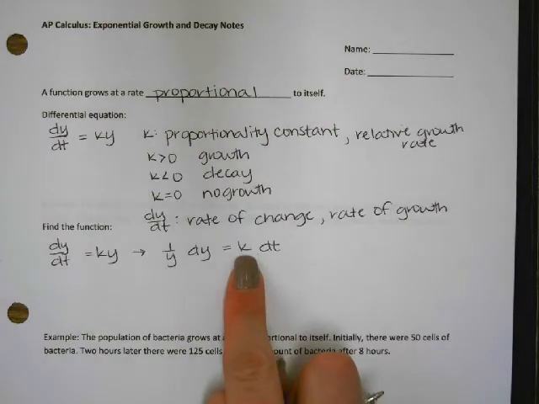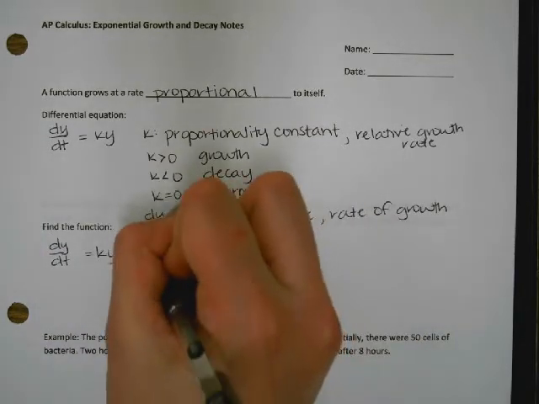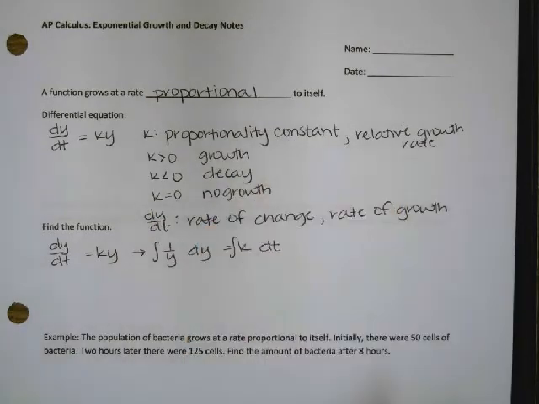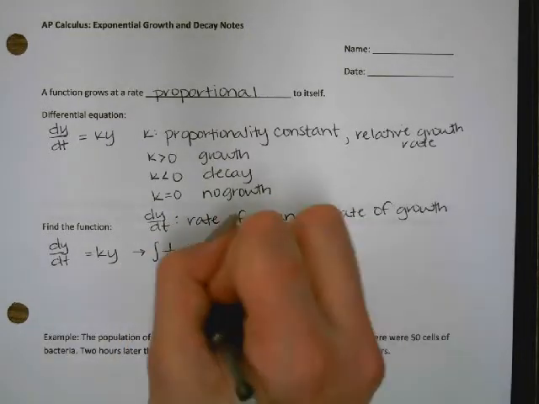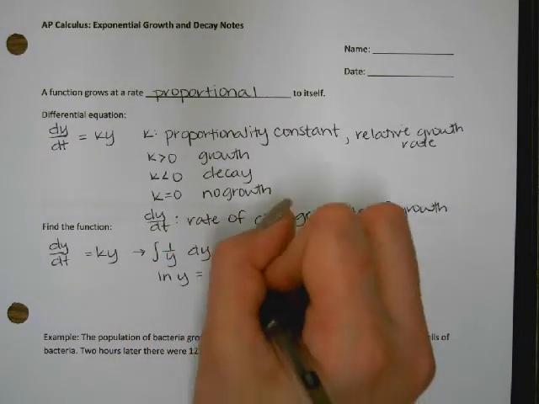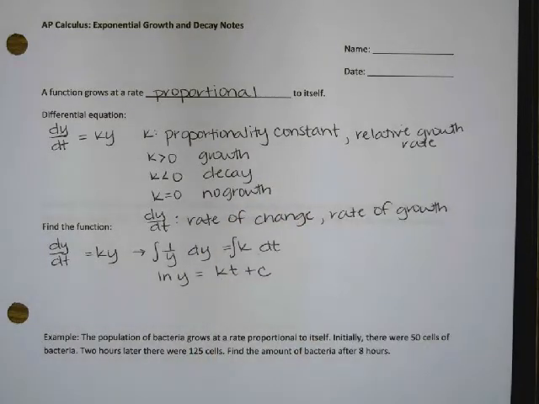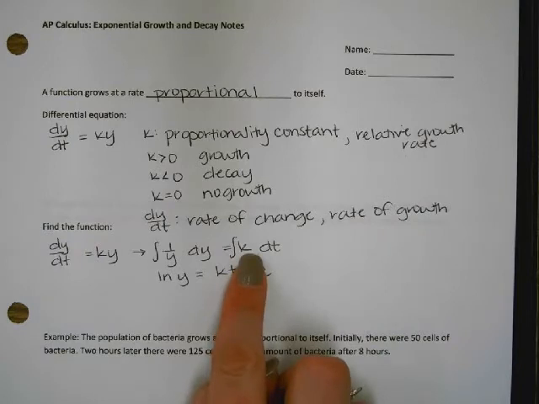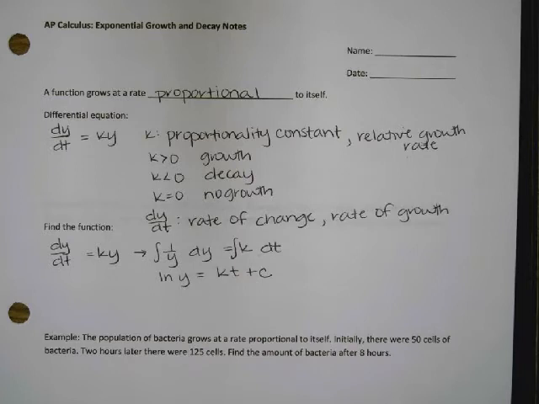So here, remember, k is not a variable, it's a constant, and so we're thinking of the k as being on the side that would have the t's with it. So now I can integrate the left side of the equation and the right side of the equation. So that gives me ln y equals kt plus c. So anytime I have a constant, when I find the antiderivative of that, that would have just been that constant multiplied by the variable.